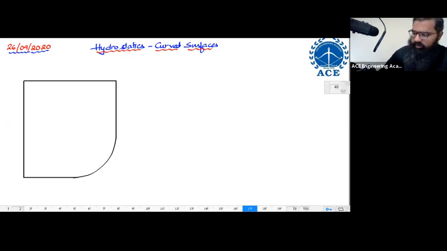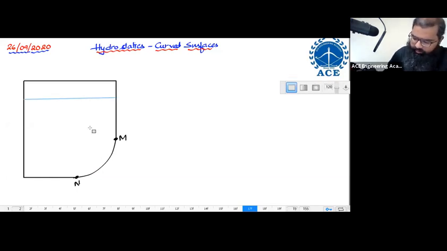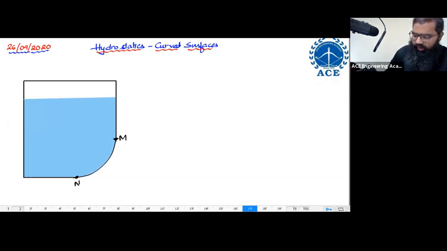Let me name this surface as some MN surface. Suppose there is some fluid present on top. I want to find the force on MN.